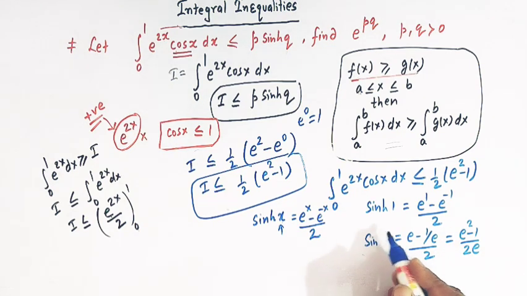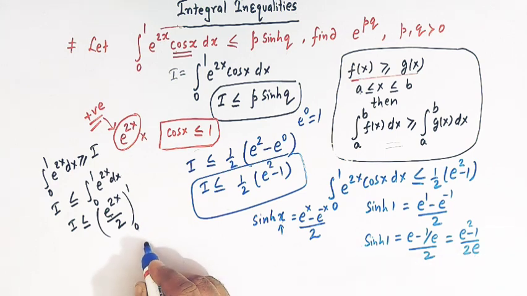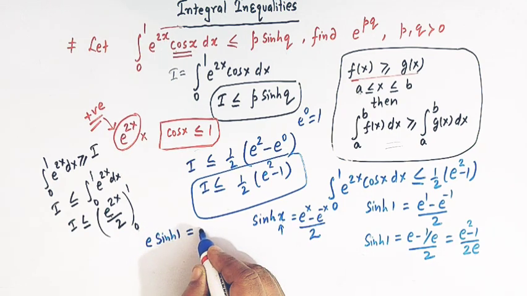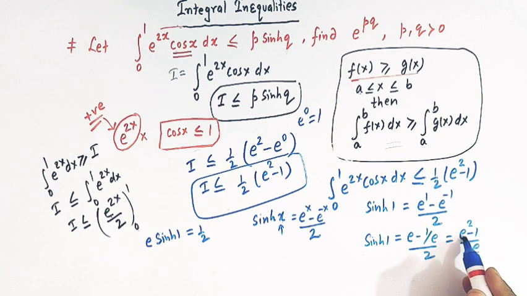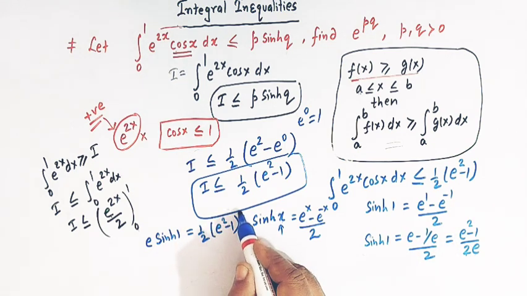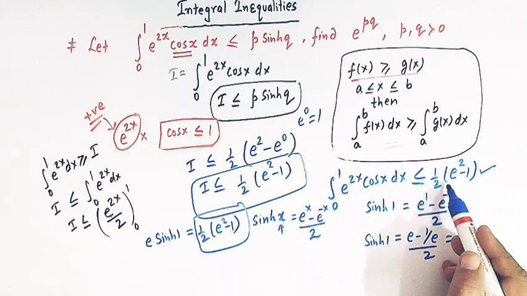So hyperbolic sine of 1 is equal to (e square minus 1) over 2e. So now we'll take this e to this side, right? So e times the hyperbolic sine of 1 is equal to half times (e square minus 1), right?